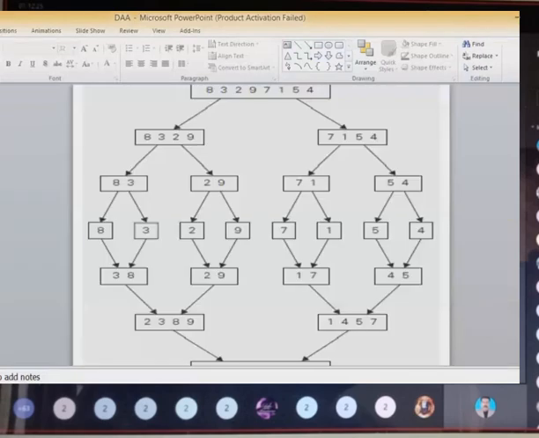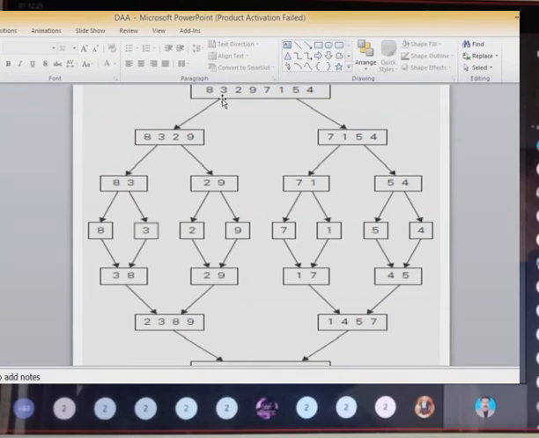Let me explain with an example first. Initially, we have input elements 8 3 2 9 7 1 5 4. This input is divided into 8 3 2 9 and another part 7 1 5 4. Two parts.